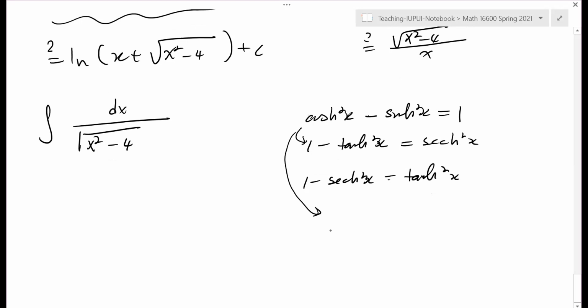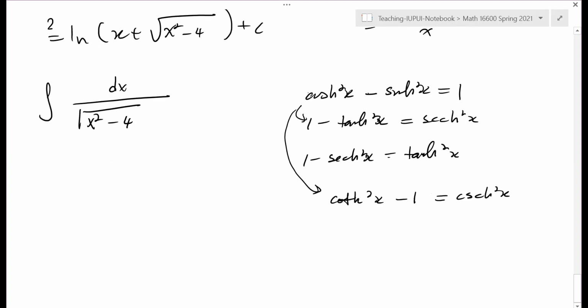Another one is hyperbolic cotangent squared x minus 1 equals hyperbolic cosecant squared x. And it's pretty similar to this, right?